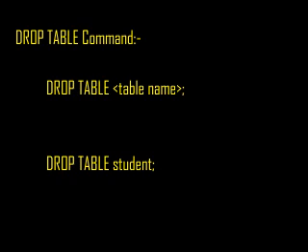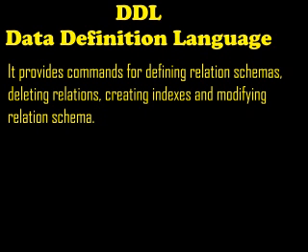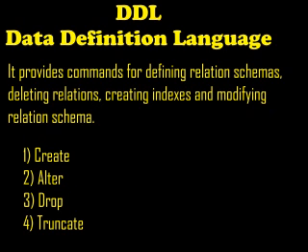Okay, clear? In this video, what did we study? DDL commands. What is DDL? This DDL command is used to create, delete, modify the schema in the database. What are the DDL commands we studied? Create, alter, drop, truncate.